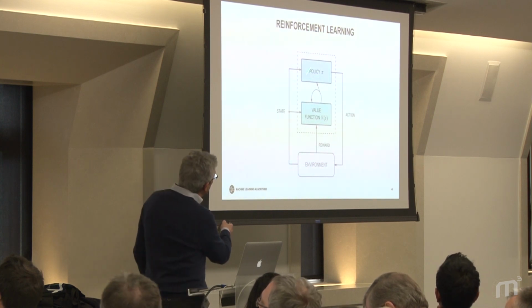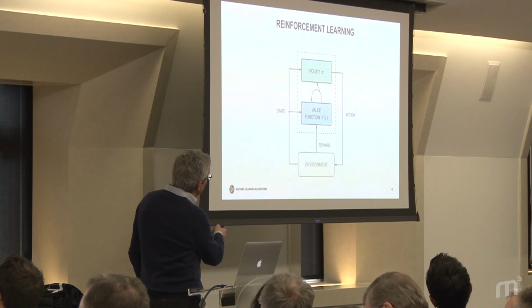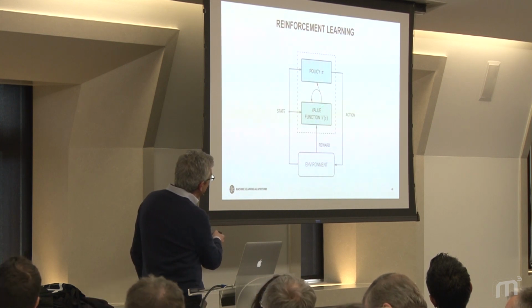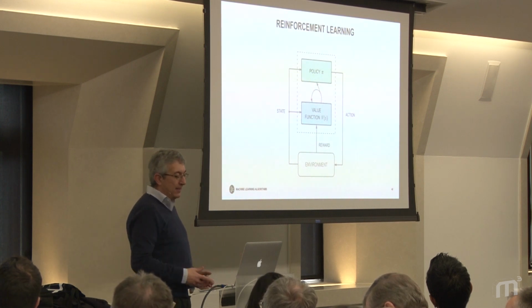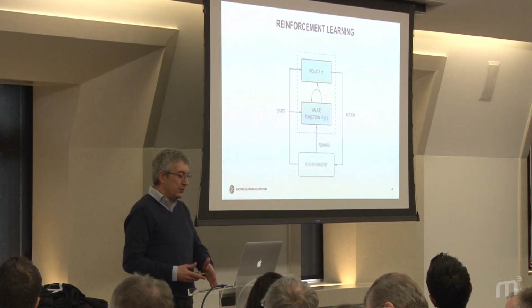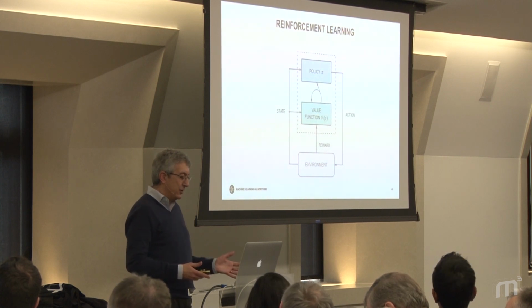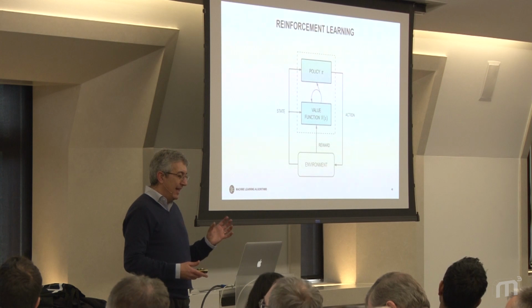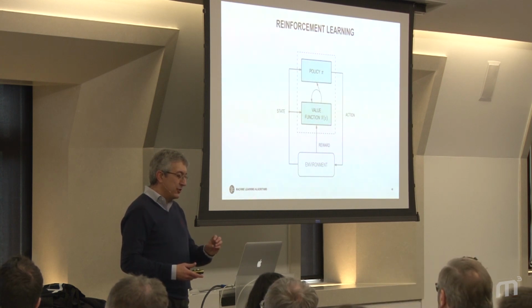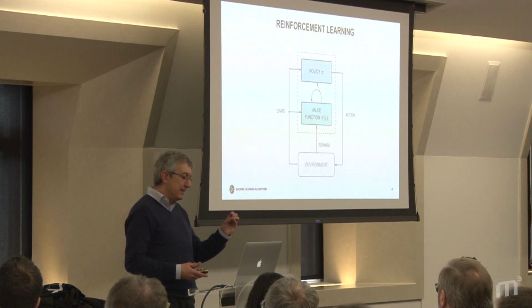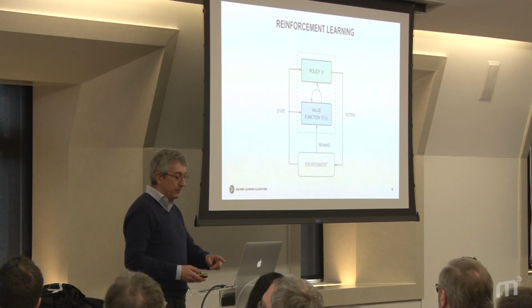So there is a policy, which is a neural network, and this neural network is helped by the value function network. The policy network is the one responsible for deciding what action needs to be taken, and the value function network is the one that estimates the expected rewards. It computes a function that makes it possible to update the weights of its own network and also of the policy network.